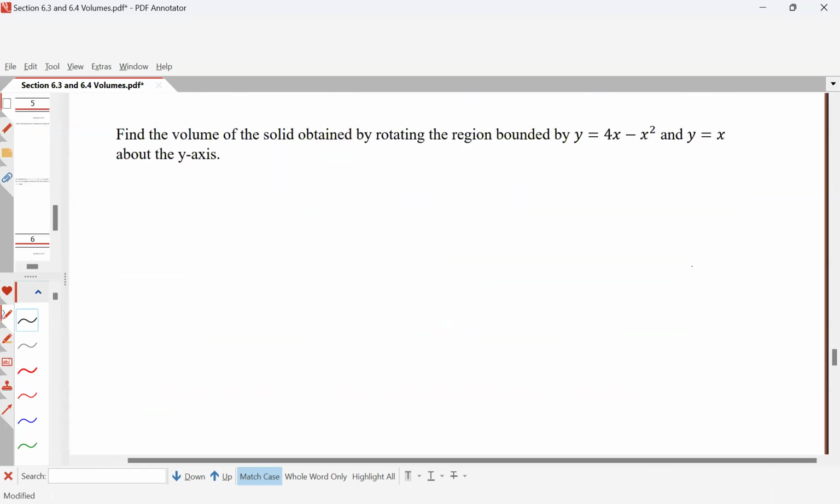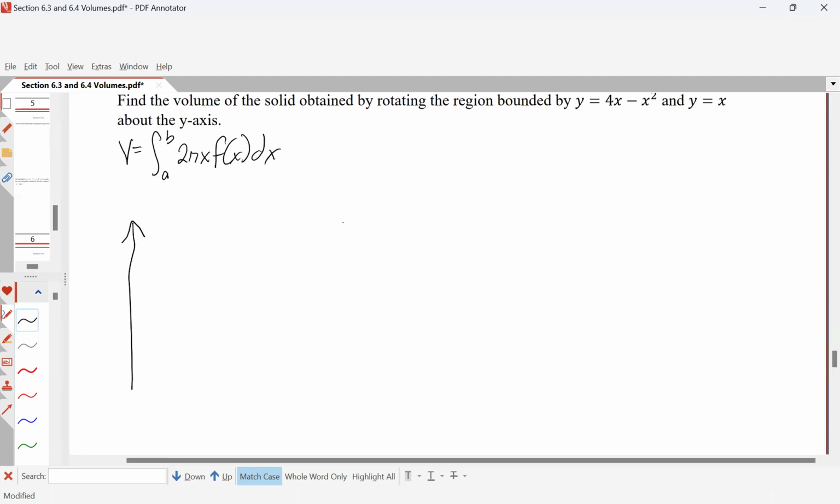Cylindrical shell method. We want to find the volume by rotating the region bounded by 4x minus x squared and y equals x about the y-axis. So the volume using the cylindrical shell method is the integral from a to b of 2 pi x f of x dx. And what these areas look like is we have the quadratic between 0 and 4, and we have the line y equals x.